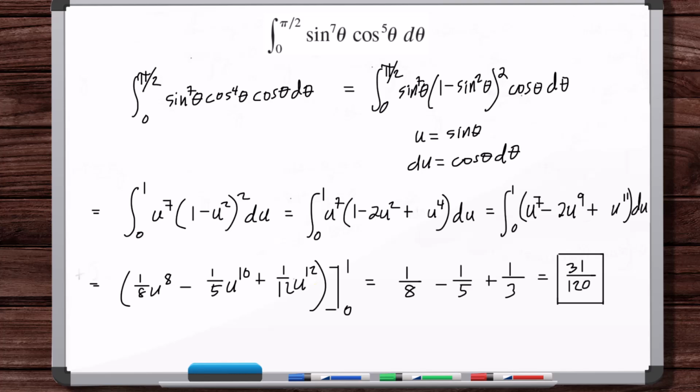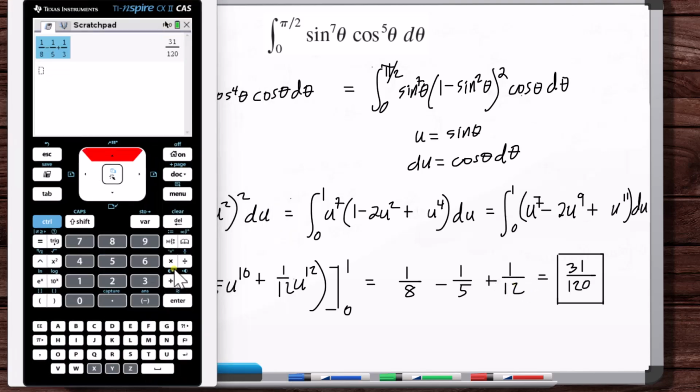So this is just u to the 12, or 1 over 12. So 1/8 minus 1/5 plus 1 over 12 is 1 over 120.